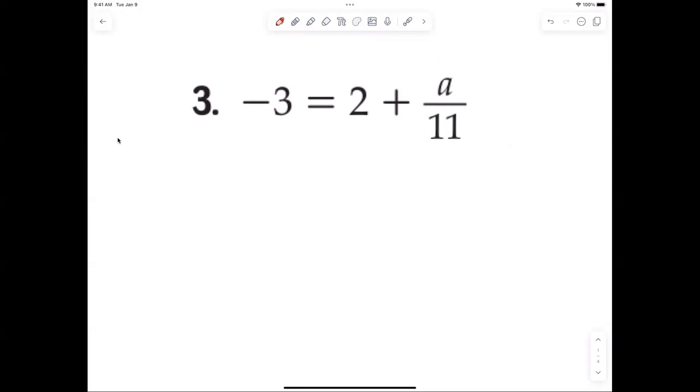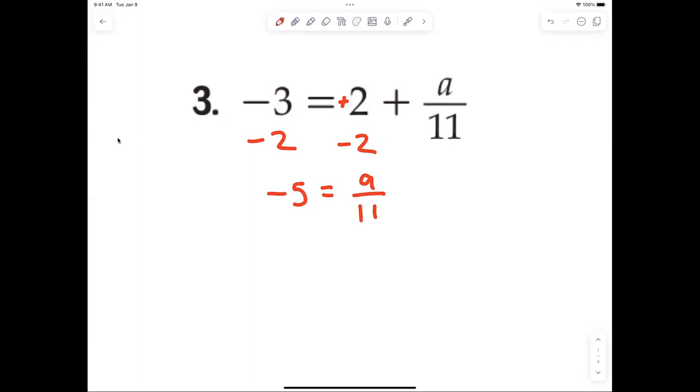So everybody should recognize that's a +2. To undo a +2, we what? Subtract 2. Now, once again, if you feel it necessary to put a -2, -2, do that. But I'm hoping everybody in here can say -3 minus 2 is what? -5. Everybody should be able to look at that and say -5 equals a over 11.